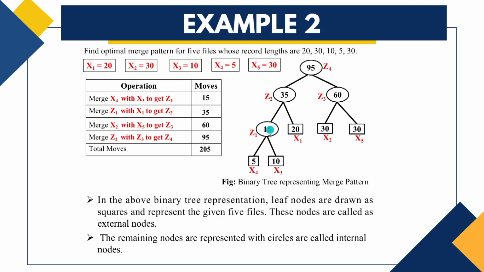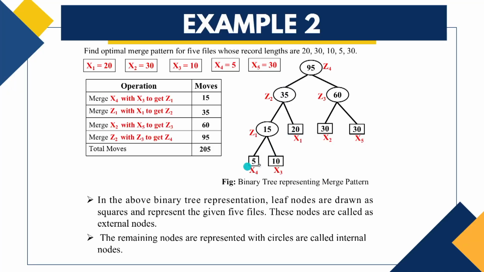We have merged them to make z1 as one file, and then we have taken this resultant and another file with minimal records by that time, and merged them to make another temporary file z2. Likewise we have repeated this process, and finally it has resulted in one file z4, and the total number of moves that we have made is 205. We have just summed up to get this value.